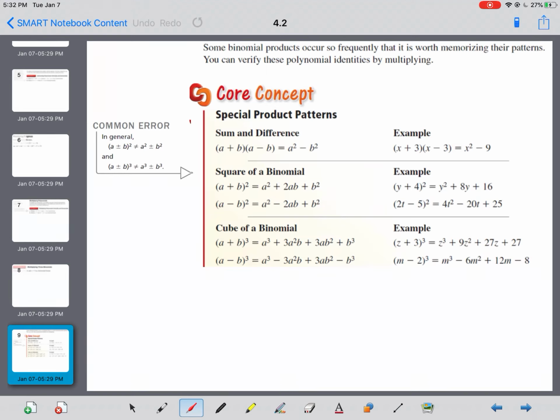Here's how I remember that. All of the exponents of the variables have to add up to 3. So we've got a to the third, that adds up to 3. We've got a squared and b to the first, 2 and 1 makes 3. The first thing is the higher exponent, and then it counts down.